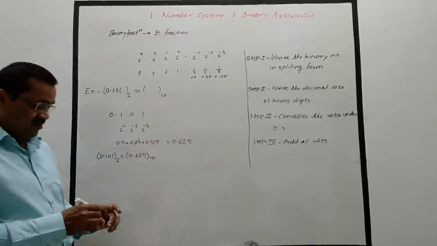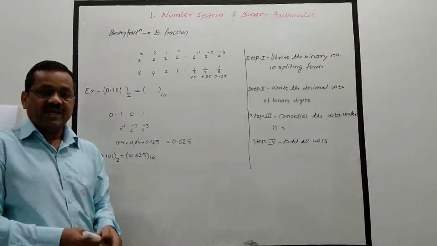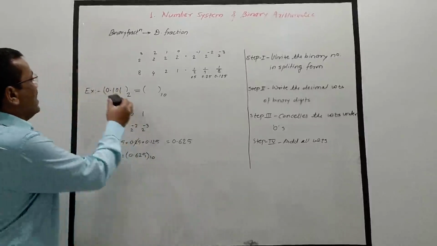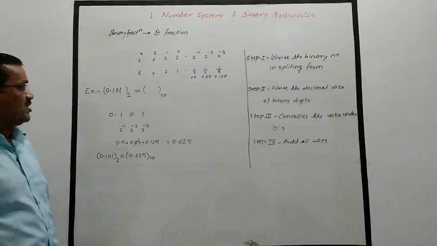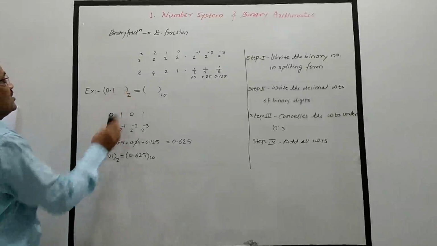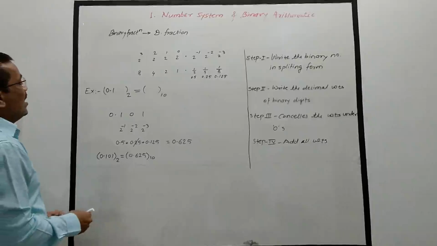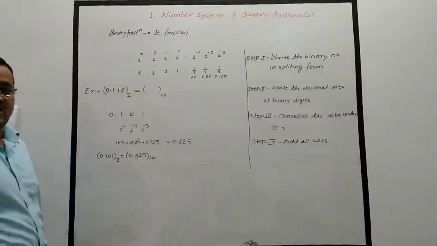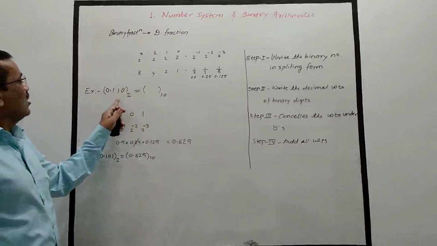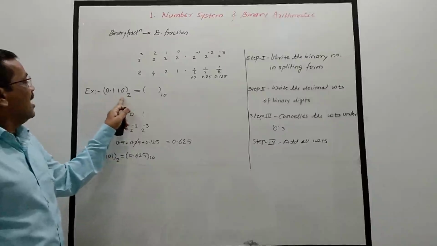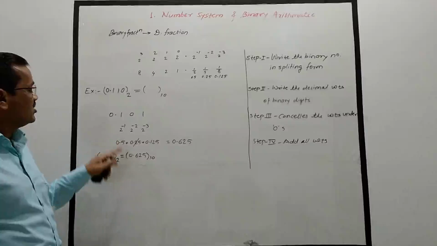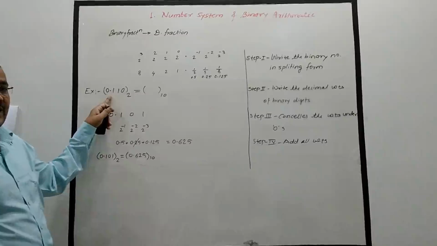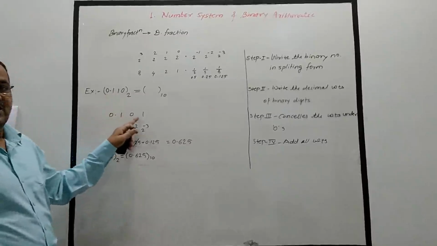We can take another example of binary fraction to decimal fraction. For that, a number we select is 0.110. To convert the binary fraction to its decimal equivalent, let us write this binary number into its splitting form.